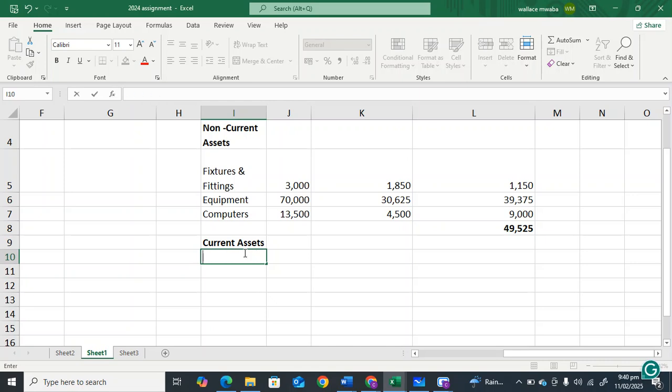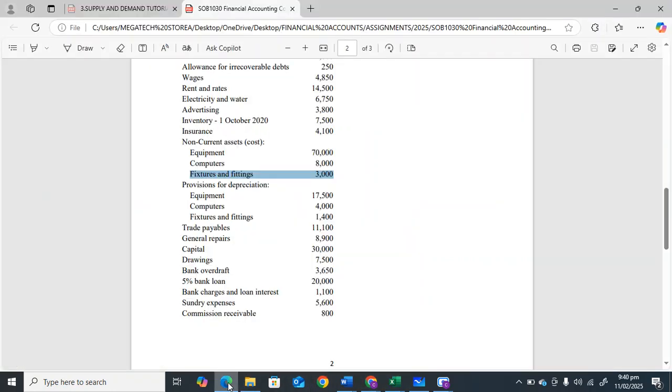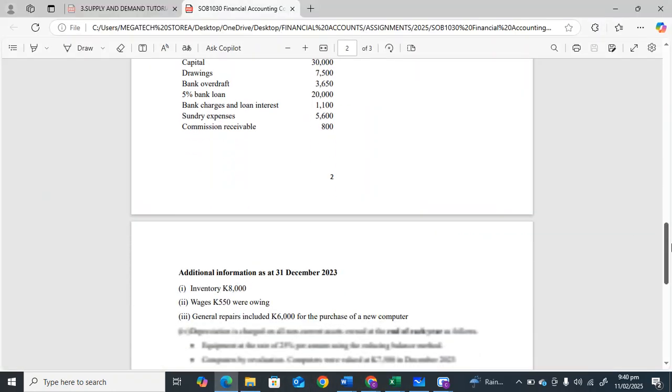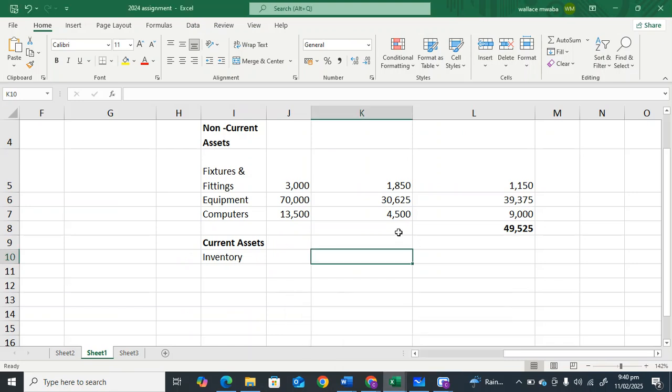Not opening inventory, so closing inventory. The value for the closing inventory is 8,000. Colleagues, you put the value of the closing, not the opening inventory.